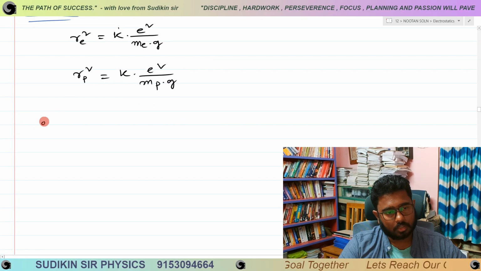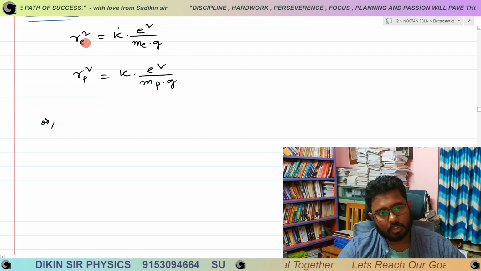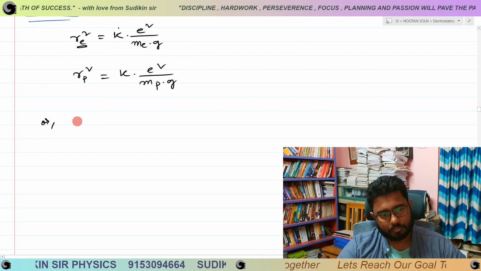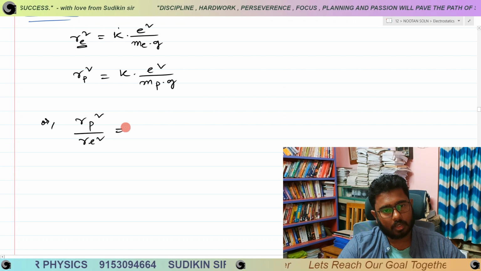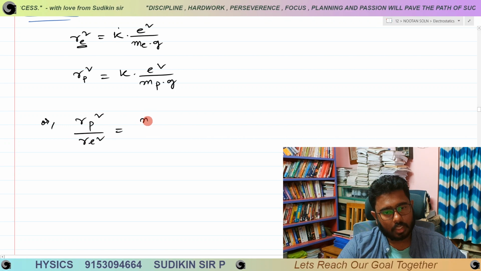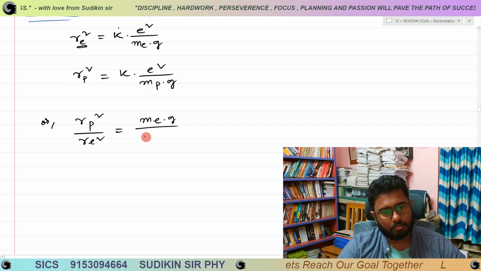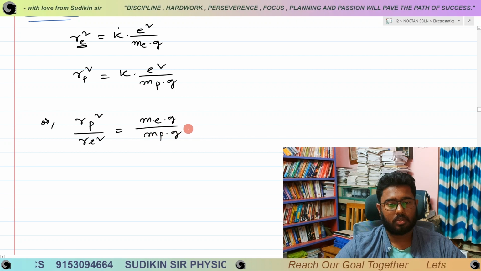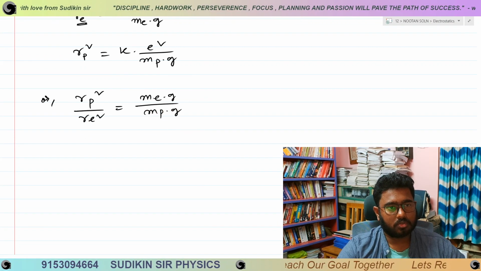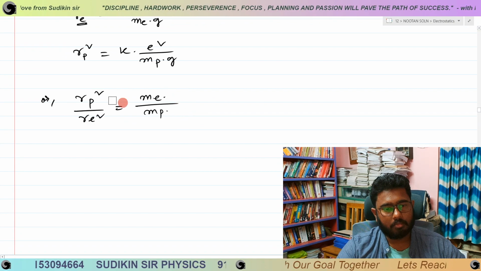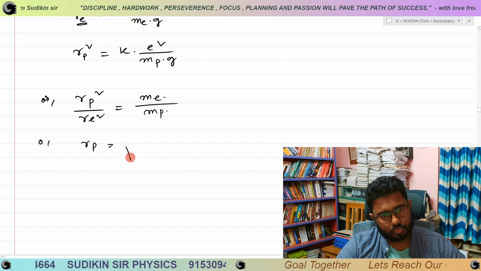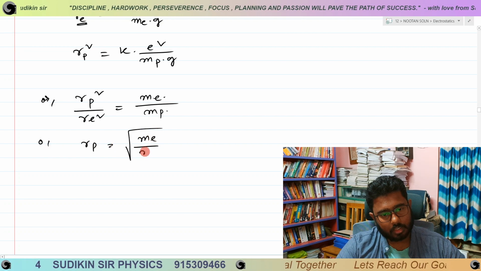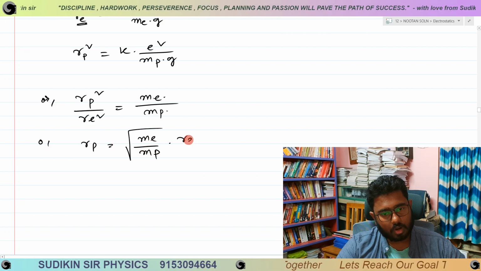Now if I divide it, because I know this Re, this has already been found out, so Rp square by Re square will come out as Me into G by Mp into G. So G will also cut out, so that will become Me by Mp, or Rp will be root over Me by Mp into Re.